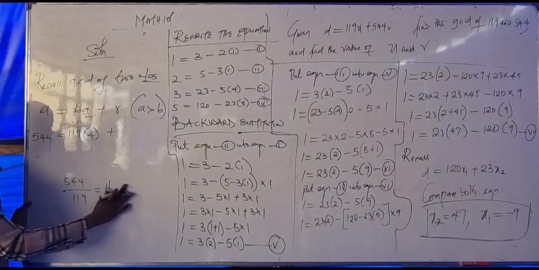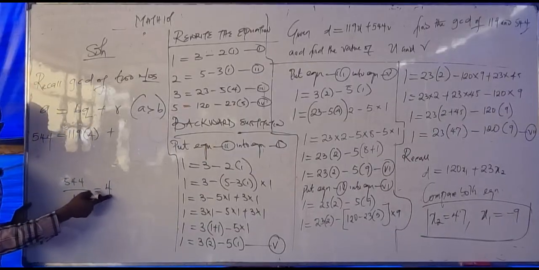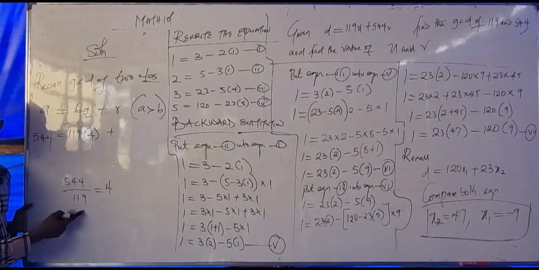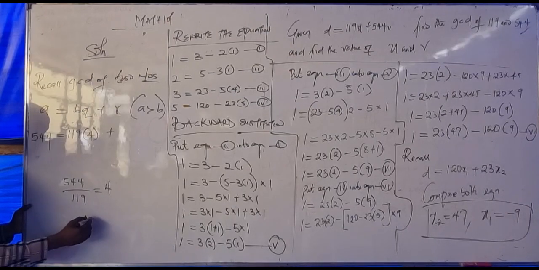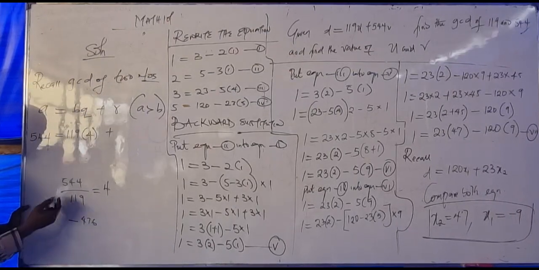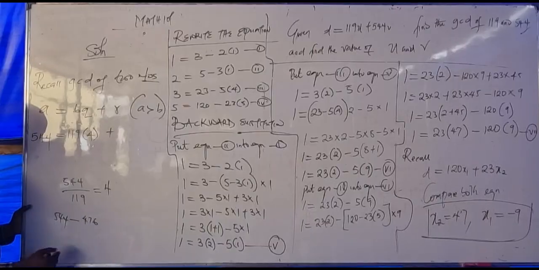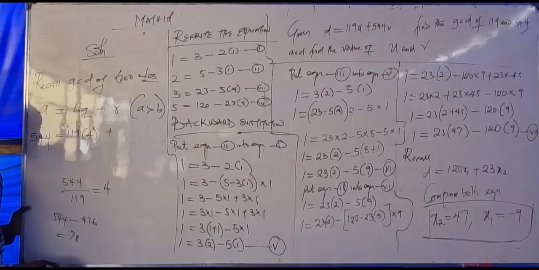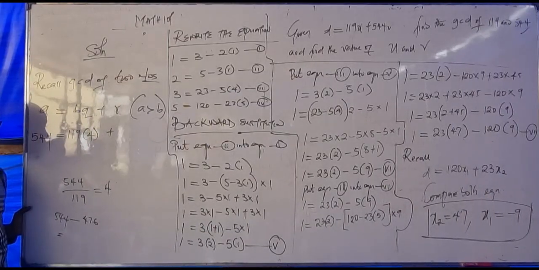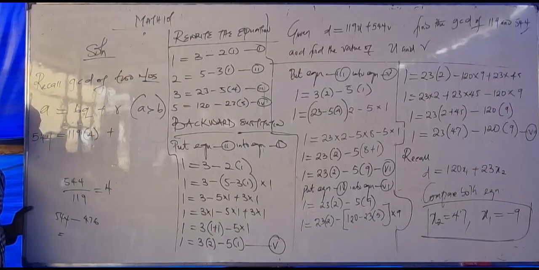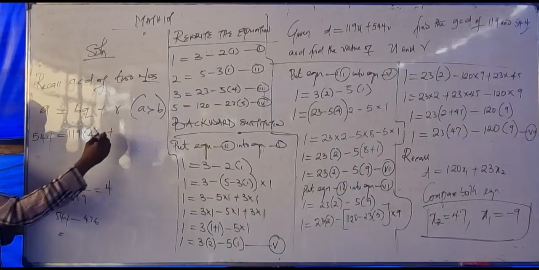How do you find the remainder? Multiply that 4 by 119. What do you have? 476. Subtract that number from 544. What's the remainder there? 78. Are you sure? 68 or 78? 68. Thank you.